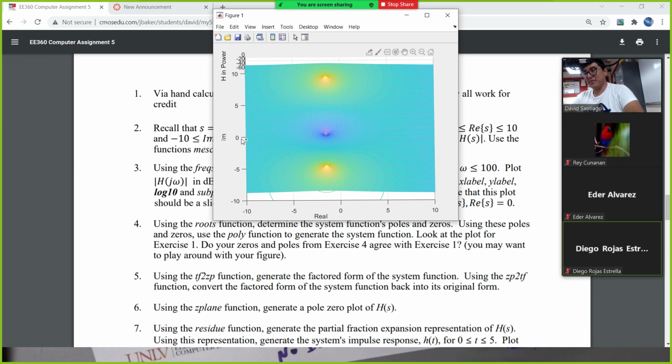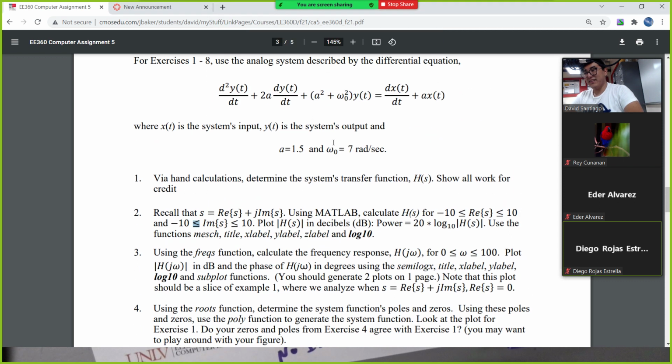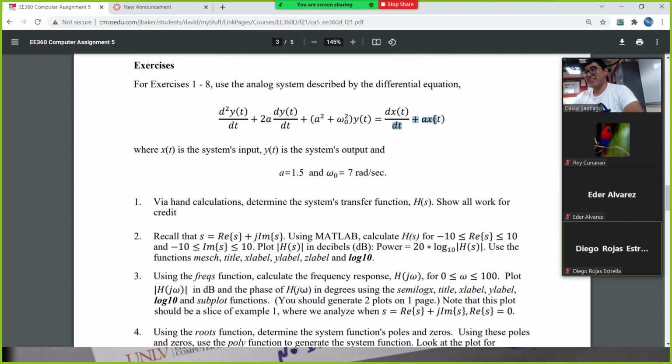If I were to draw a line right here, you see that these poles and zeros are on the left side. So you see the 0 right here, right? Where does that come from? It comes from this. And where's the location of that 0? -A. Does that make sense?